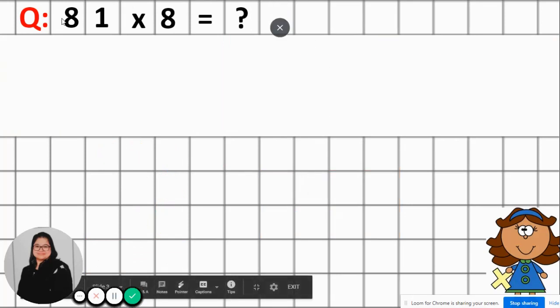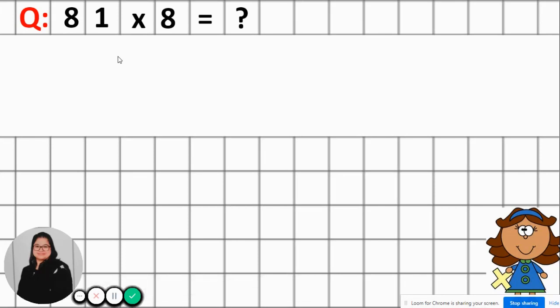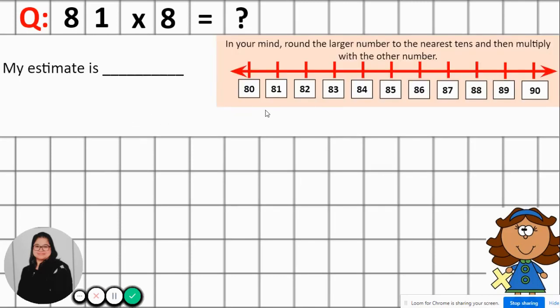Let's go ahead and see one more sum. Now here is another question. I want you to pause the video and try and answer this question by yourself. First, estimate the answer and then use the formal written method. Now that you have calculated your answer, let's see how it should have been. So to estimate, we have to round the larger number to the nearest tens.